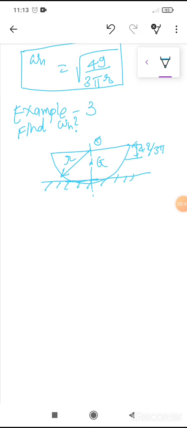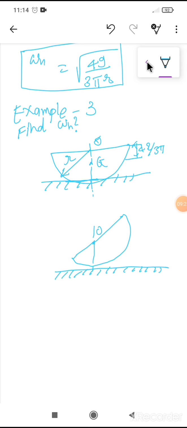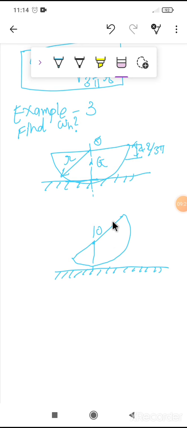So now here similarly we will draw the diagram when it is oscillating. So let's draw the center line first. Let's take the center point first.